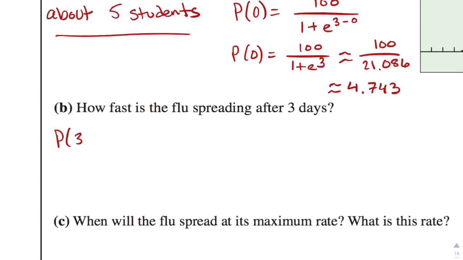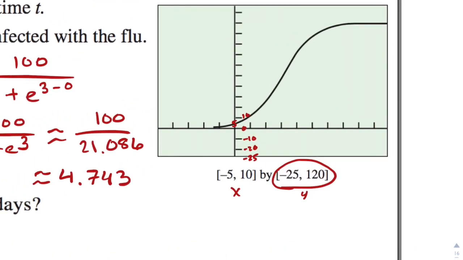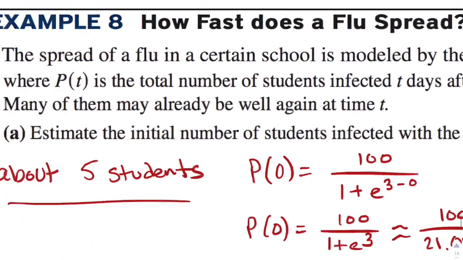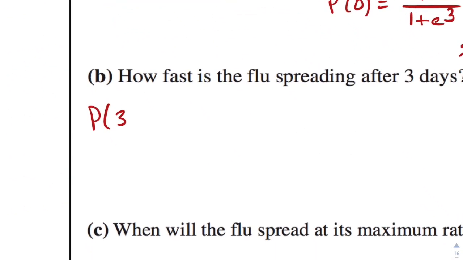We want to make sure that we find the derivative because it says how fast is it spreading. We don't want to know how many people. If I evaluate at time 3, it's going to tell me P of t, the total number of students infected. I don't want to know how many students are infected. I want to know the derivative of P with respect to t at the number 3.